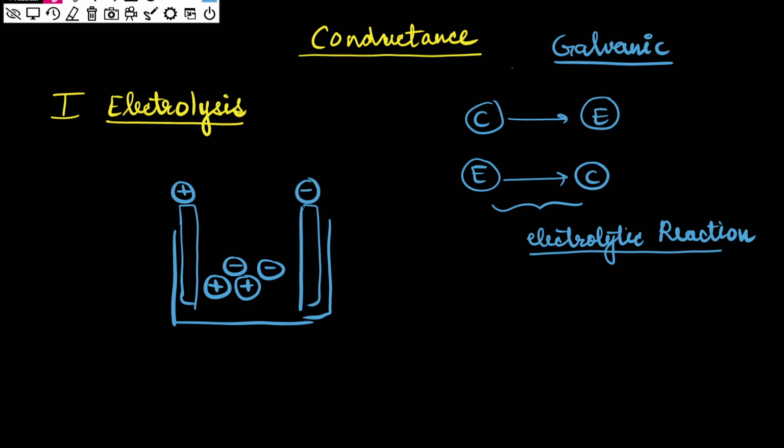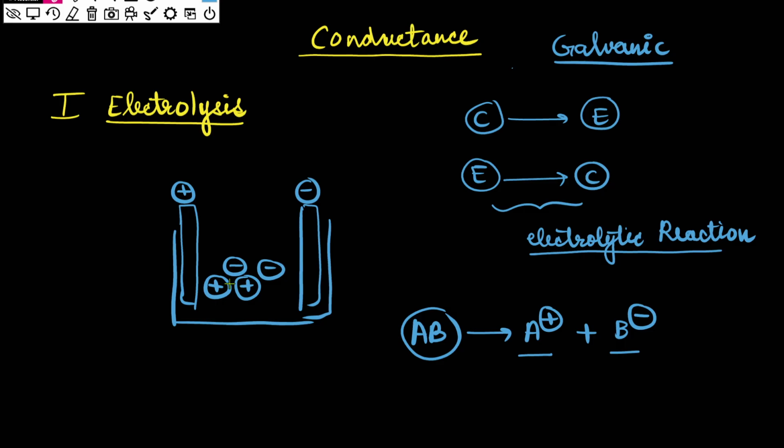So when the electricity has been applied, the particular compound, let's say this is my electrolyte, starts dissociating into its own ions, cations and anions, and then these ions start moving towards their respective poles. So the anions will move towards the anode and the cations will move towards the cathode. This phenomenon is called electrolysis.